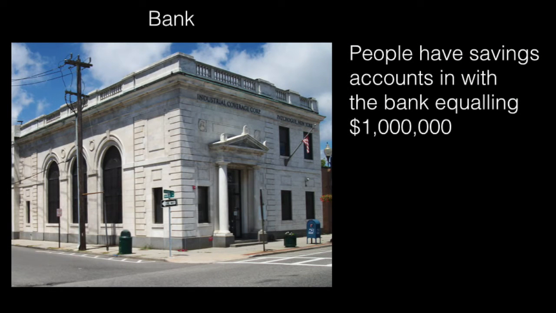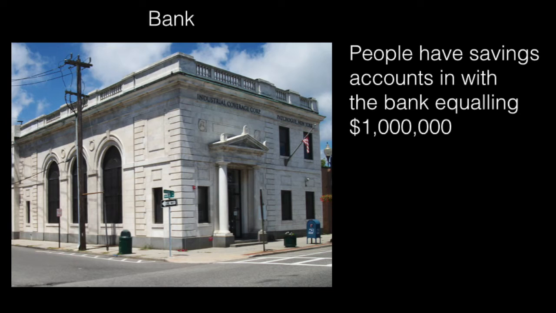I'll break this down for you. The bank on the corner has a bunch of people who have savings accounts in it. Say it has on its books, as in keeping track of the money that's in the bank, $1 million.